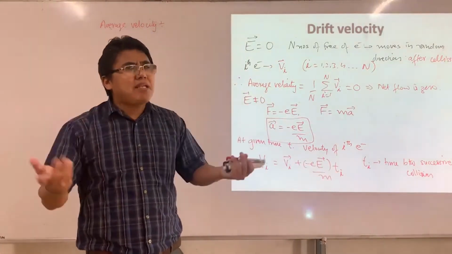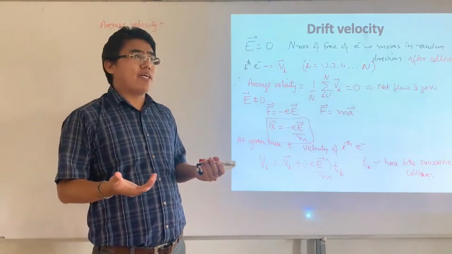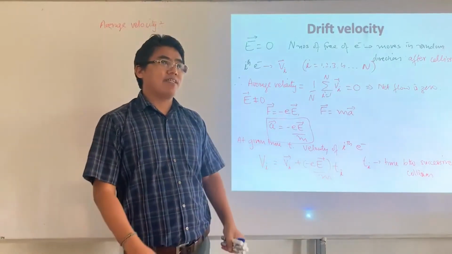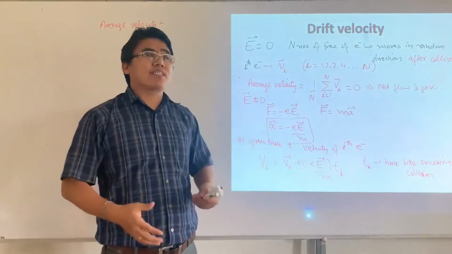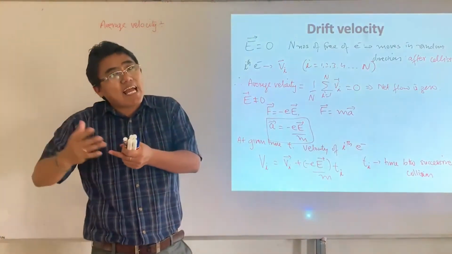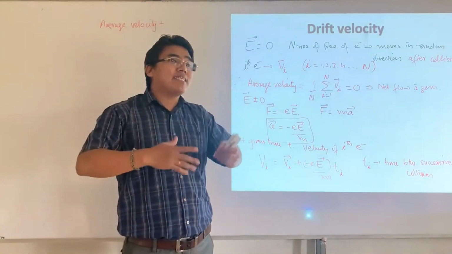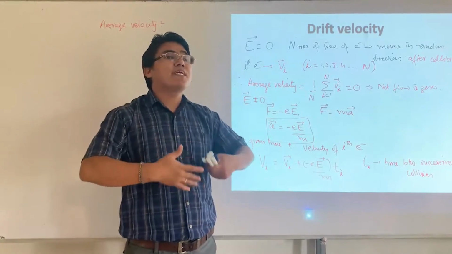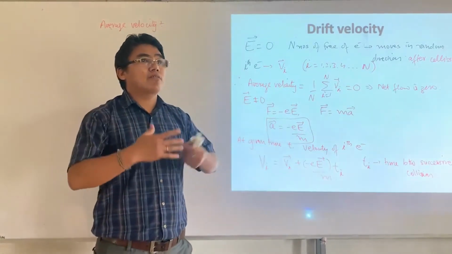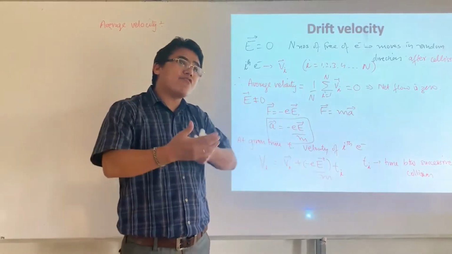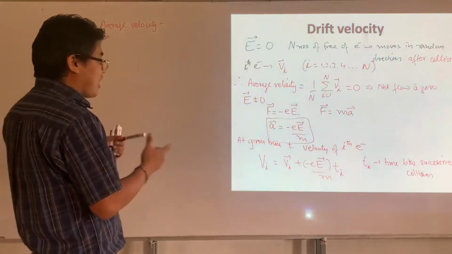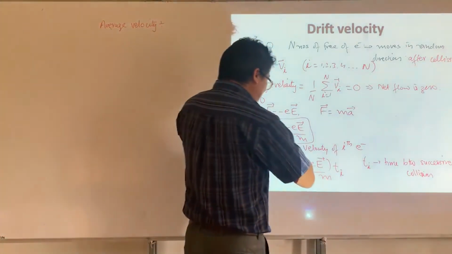There can be billions and billions of electrons, and every electron takes different, random intervals. Some electrons may take more time between collisions, some less. So the time interval between collisions is different for different electrons. If I have 10 billion electrons, there will be differences, but the difference is not that big. So therefore I am going to take the average of this.